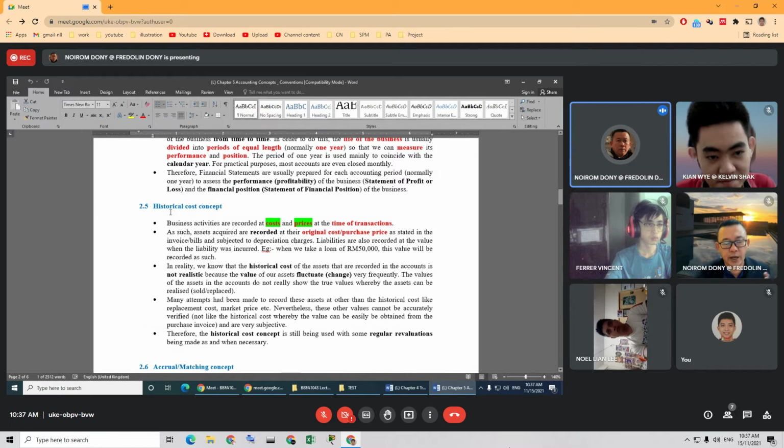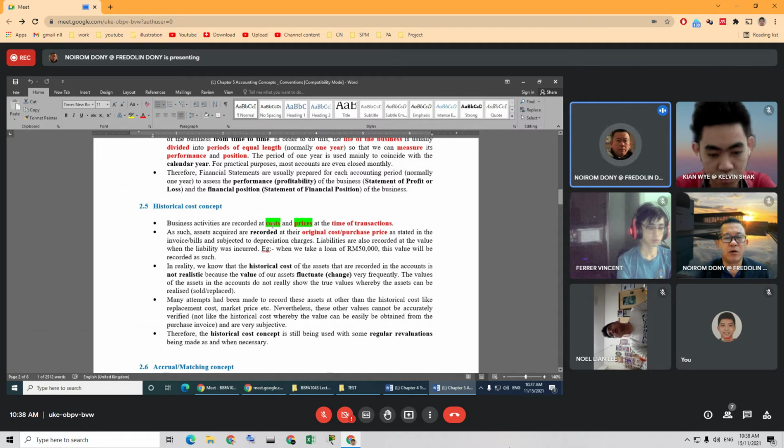So we are talking about historical cost, not the situation, but the cost already incurred. Historical cost concept means things already happened; this transaction already happened. So business activities are recorded at cost and prices at the time of the transaction. So that is historical cost.